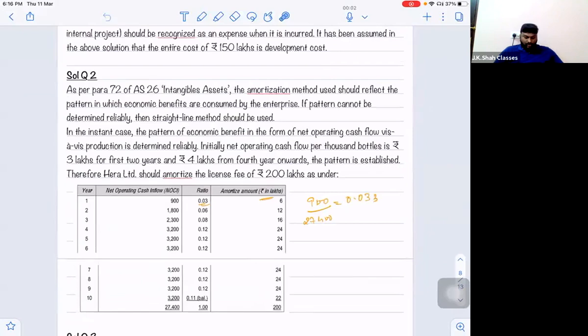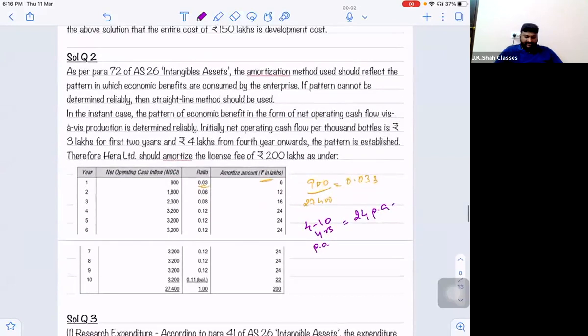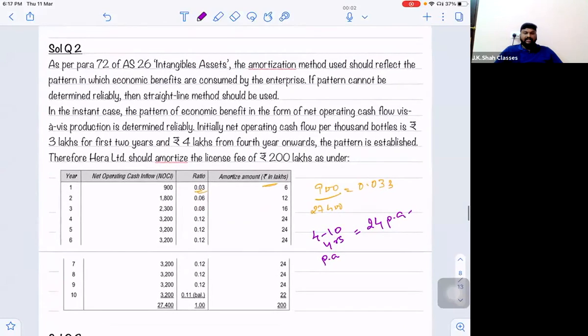And I told you, don't show year 4 to 10 separately. You can directly write 4-10 years per annum, because at the end of the day it is going to be 24 rupees per annum for all the balance 7 years. So why calculate it 7 times? Do it only once. That I also told yesterday. Correct? If anybody does not have the question number 2 solution, you can take a screenshot of the same as well.